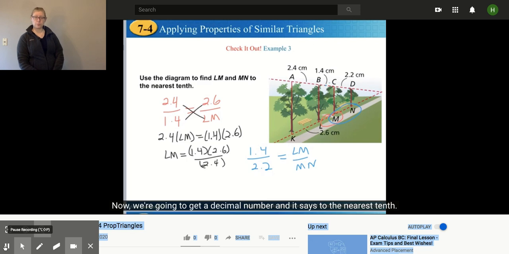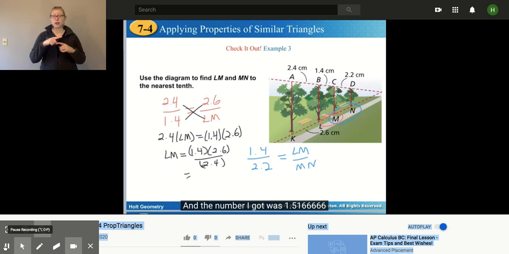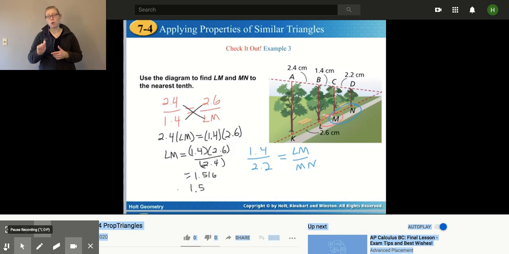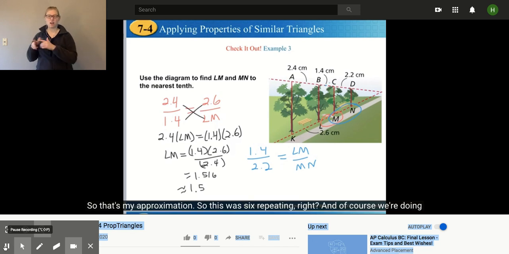Now we're going to get a decimal number, and it says to the nearest tenth. The number I got was 1.5166666 repeating. So to the nearest tenth, that's going to be 1.5. That's my approximation.